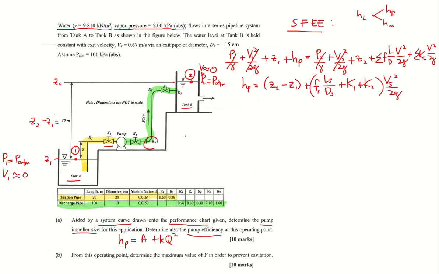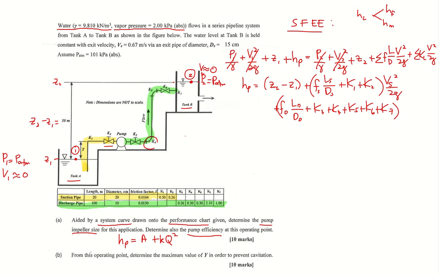And I continue at the bottom here for discharge pipe, we have FD LD divided by DD, VD. So we put in the bracket because we also have minor losses with K3, K4, K5, K6, and K7 for this question.